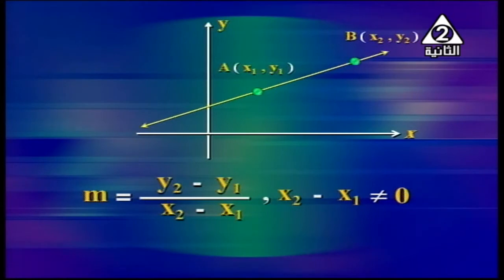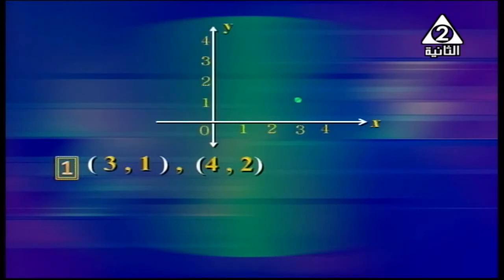Now we want to find the slope of some straight lines. To find the slope of the 2 points (3, 1) and (4, 2), try to plot them graphically first. (3, 1), (4, 2), and join them together. And notice the angle between the straight line and the positive direction of the x-axis. Now let us try to find the slope mathematically.